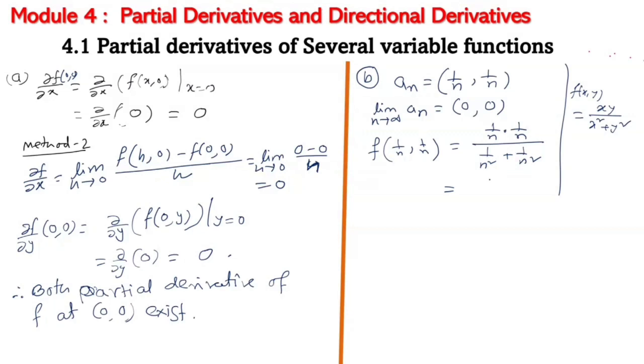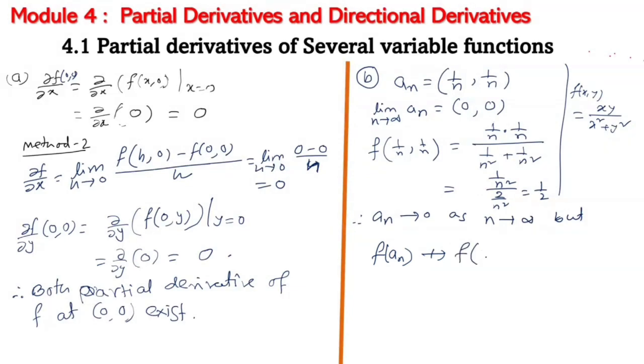So this is equal to 1 over n squared over 2 over n squared, which is equal to half. Therefore a_n tends to (0, 0) as n tends to infinity, but f of a_n does not tend to f of (0, 0). So therefore f is not continuous.